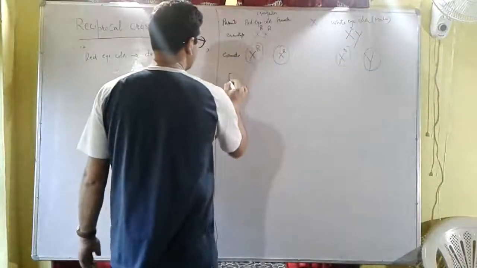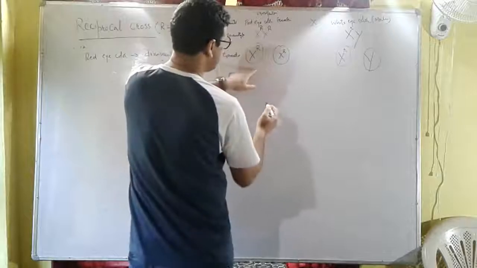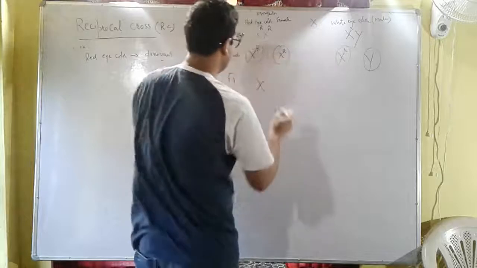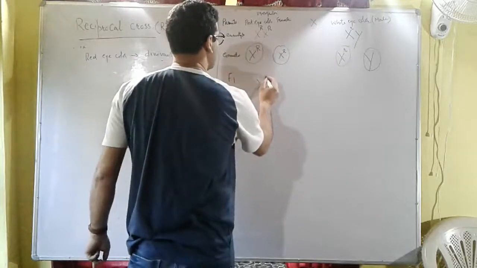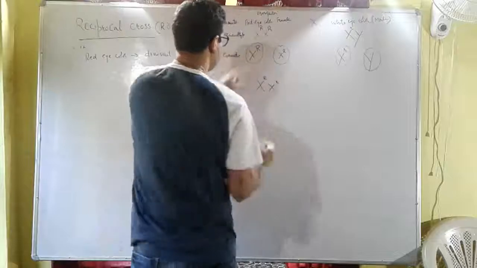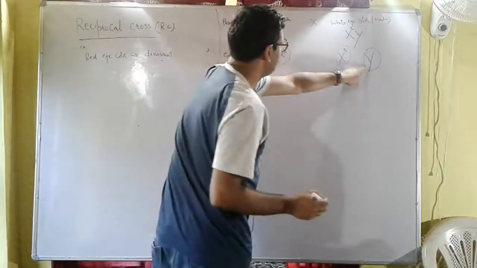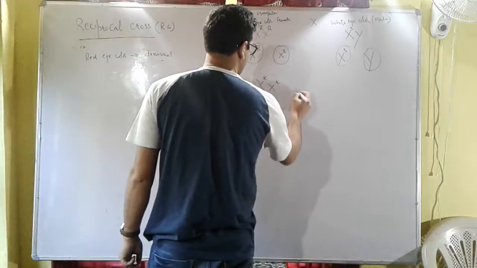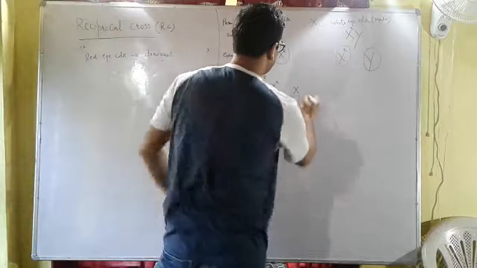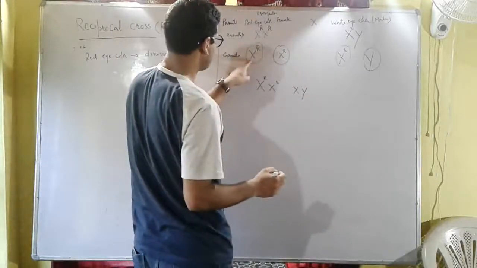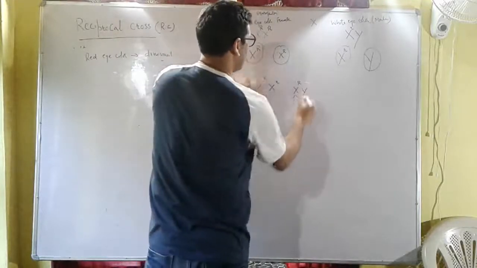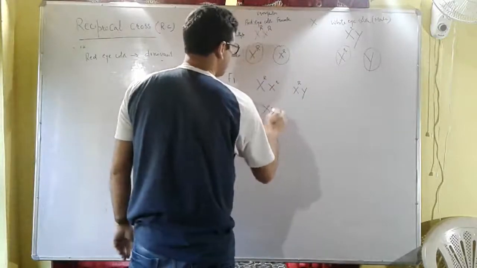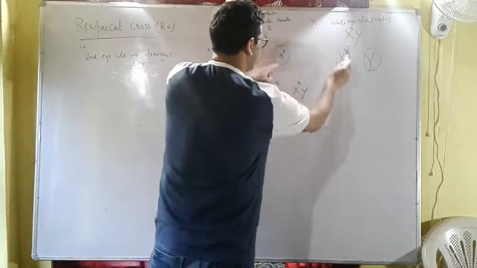Then the F1 generation would be: we take this and this one, capital X capital R with small X small r.